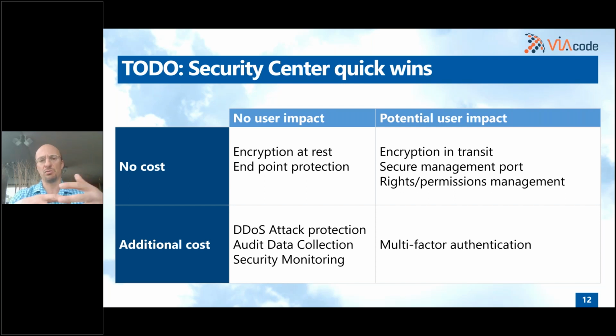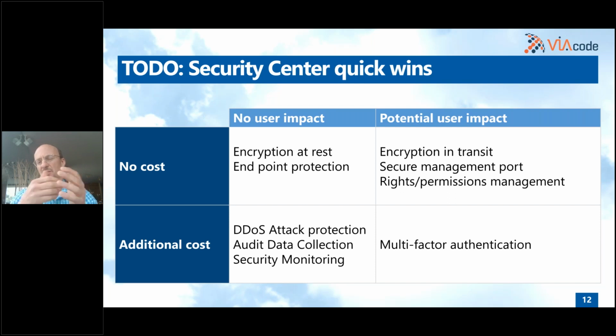It's free. You can use database encryption, storage, VM disks, and that comes at no cost for you. While encryption in transit, meaning end users accessing your services or service-to-service communications, needs to be forced to communicate using HTTPS, right? So encrypted. That type of recommendation might affect your users.